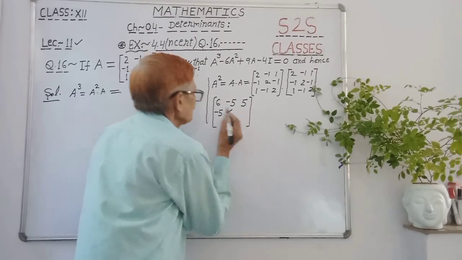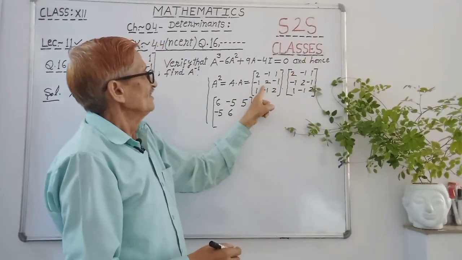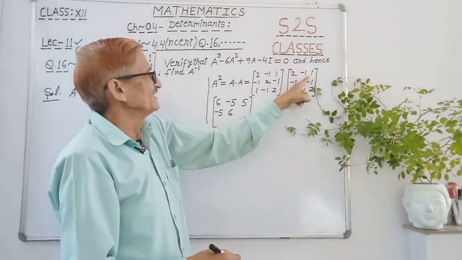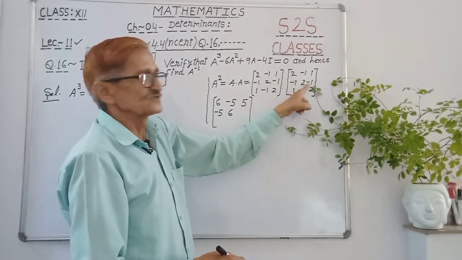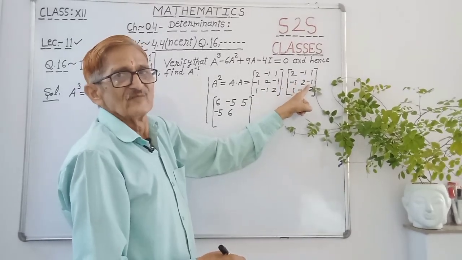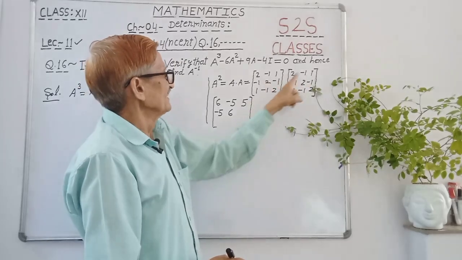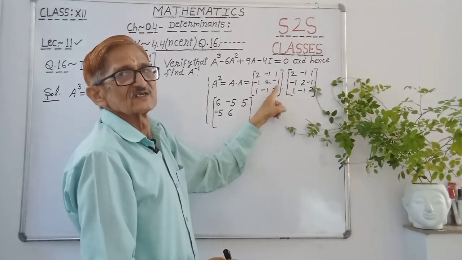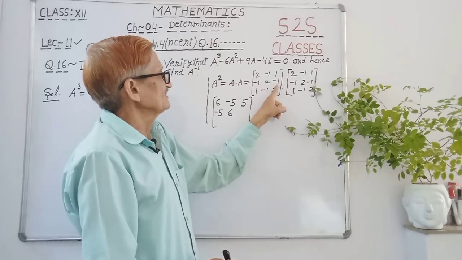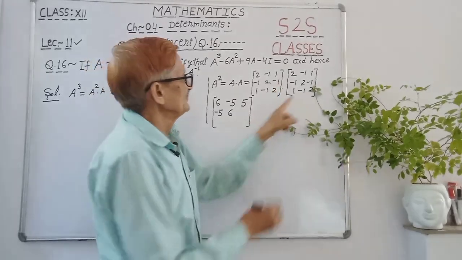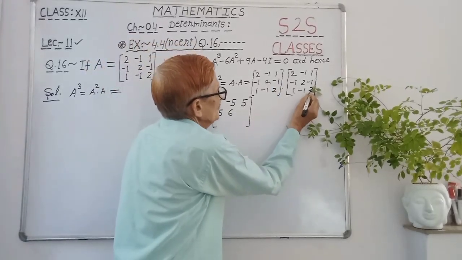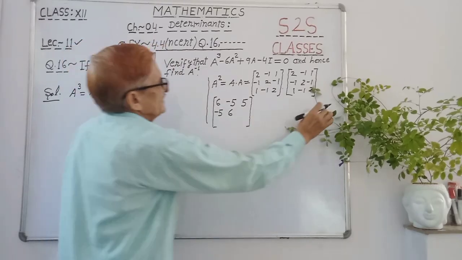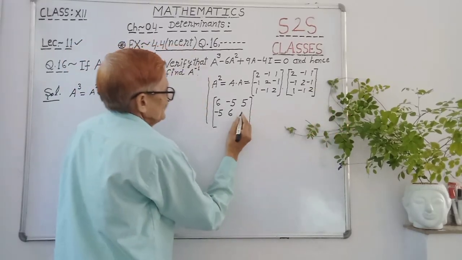After that, with the third column, minus 1 with 1 is minus 1, 2 with minus 2 is minus 2, minus 1, minus 2 is minus 3, and minus 1 into 2 is minus 2, so minus 3 and minus 2 is minus 5.